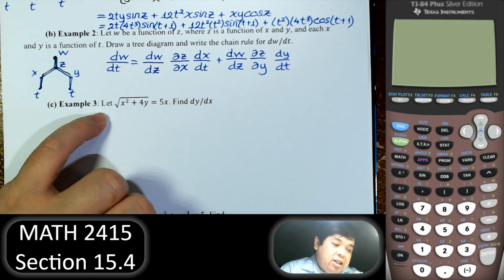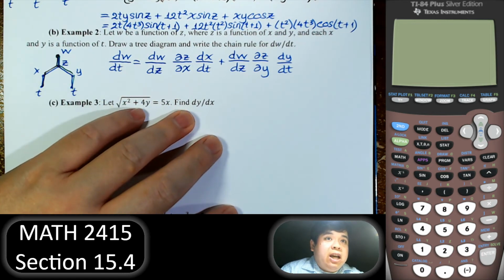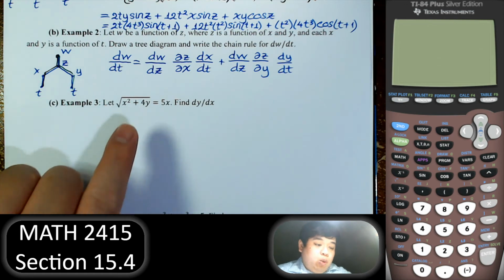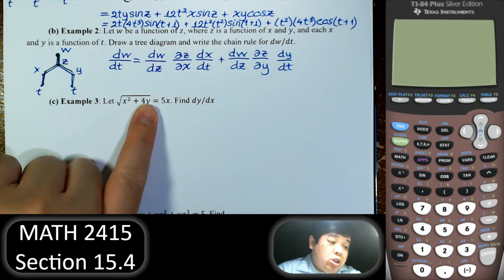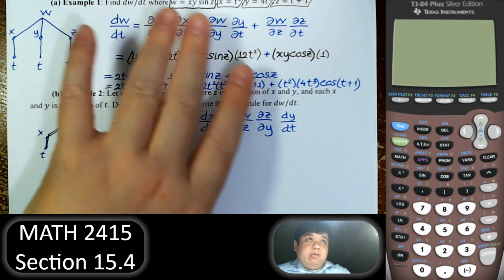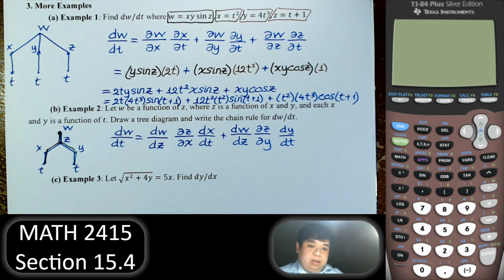Now what we have here is, let the square root of x squared plus 4y be equal to 5x; find dy over dx. Right. So what is the difference between this one and the previous one? The difference here is that we have an equation, as opposed to something as a function of something else, right? So we don't have the function here, we have an equation.